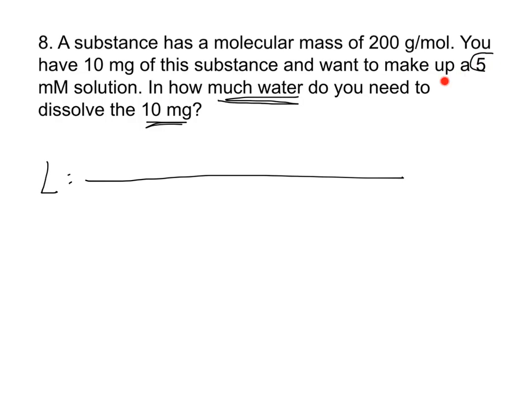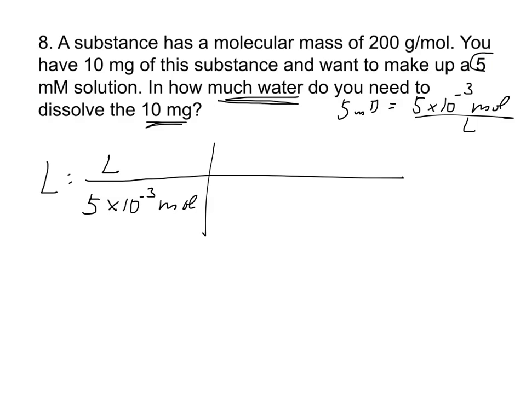Yes, we have this in this 5 millimolar, because we can write this as 5 times 10 to the minus 3 mole per liter. Now we write it so that our liter is on top, so liter divided by 5 times 10 to the minus 3 mole. Now we have the unit liter, but we want to get rid of the mole.